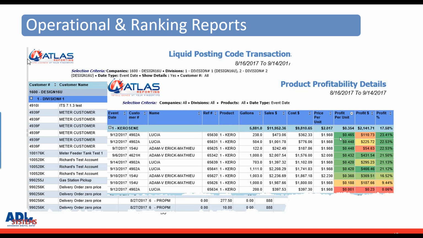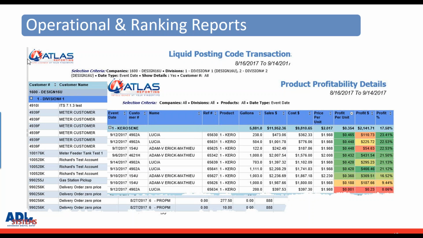So ranking reports are really excellent because they allow you to very quickly look at a bunch of information, transactions, different things like that, and be able to see which ones are good and which ones are bad, which ones do we have to worry about, and which ones are going okay.